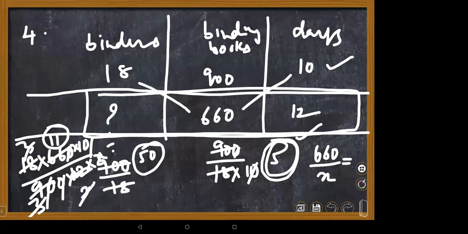The books also reduced. Binders can also be reduced, then the books can also be reduced, ma'am. In this, binders and days, no, ma'am. That's why I get confused. Ma'am, binders and binding books are inversely proportional to days, but binders and binding books are directly proportional. Okay.